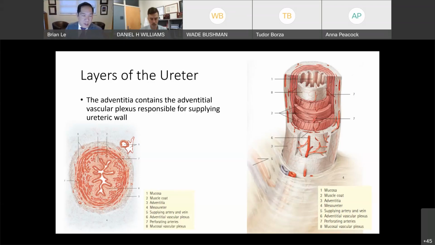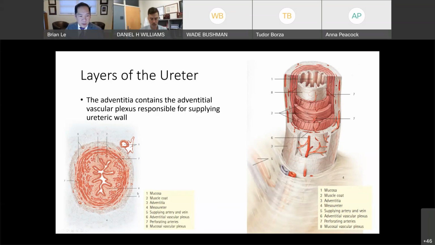Layers of the ureter. So just to highlight the different layers of the ureter, where the blood vessels go, etc. So the innermost layer is the mucosa, followed by this muscular coat. And there are these perforating arteries.